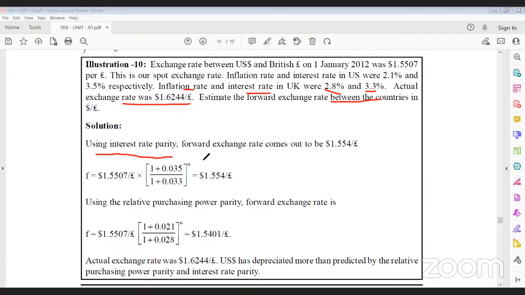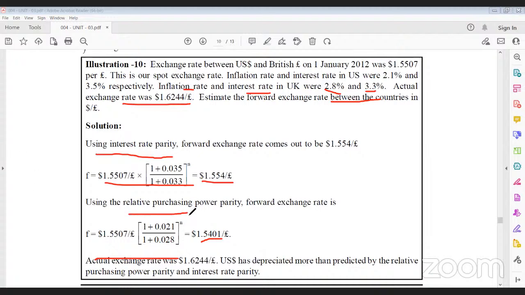Now this is using the interest rate parity. We have the same formula, the above formula. The values are to be substituted and simplified. So here we end up getting the actual rate is depreciating. Here you can see 1.554. Here this is 1.5401.